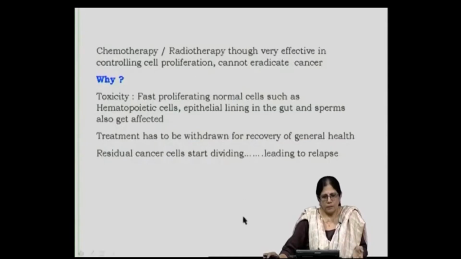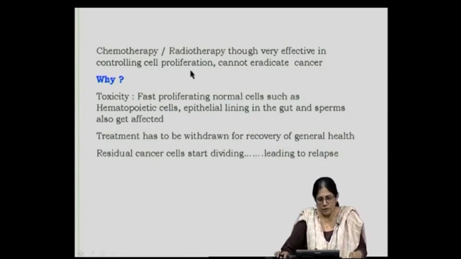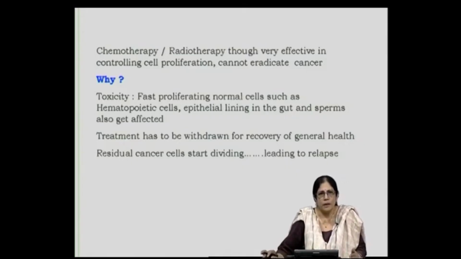Radiotherapy and chemotherapy, both these are of course still being used to control cancer, because these are effective in controlling cell proliferation. However, there is a reason now, though chemotherapy and radiotherapy are extremely efficient in inhibiting cell proliferation, why cancer still persists? Because radiotherapy and chemotherapy, both of them target fast proliferating cells.